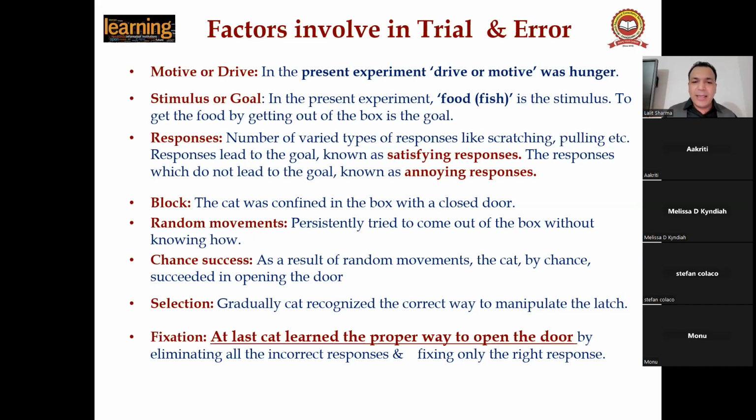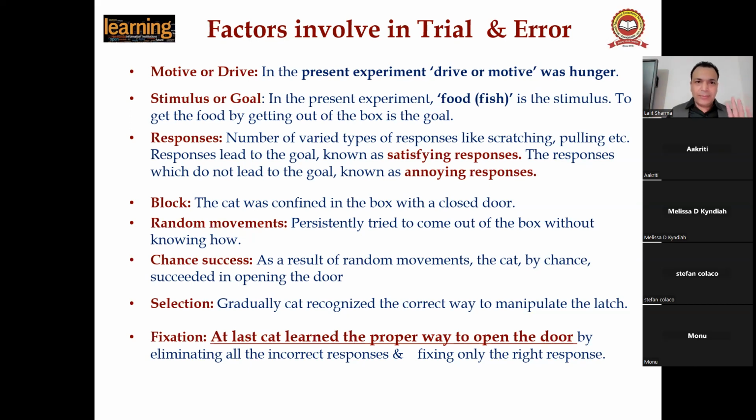Random movements. Okay, so you know that she started the random movements. Chance success. As a result of random movements, the cat by chance succeeded in opening the door. Here, by chance, she succeeded. But selection, gradually the cat recognized the correct way to manipulate the latch or lever, right?